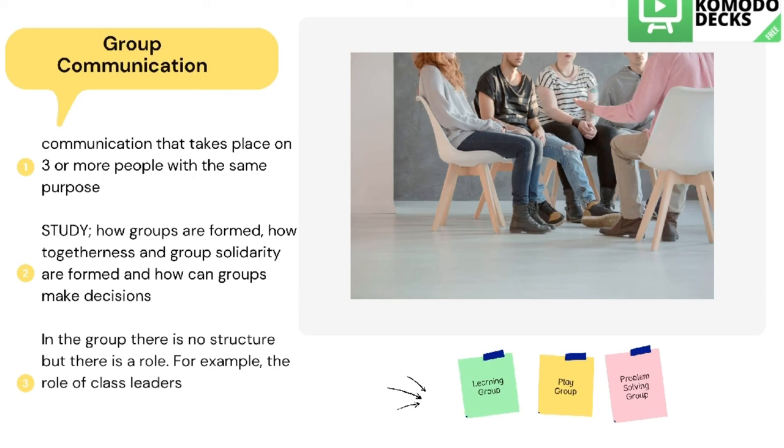In group communication, there is no structure and hierarchy. But group communication has a role, for example, the class leader. The class leader is not a student who has higher rights and authority than the other students. He or she is only a role to facilitate communication with others, or maybe outsiders of your class.